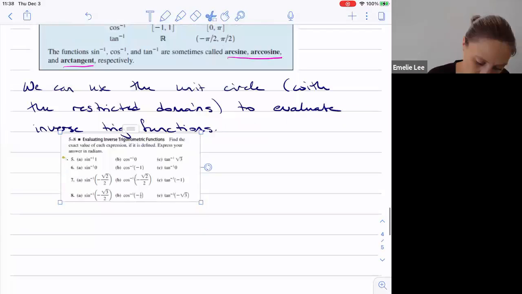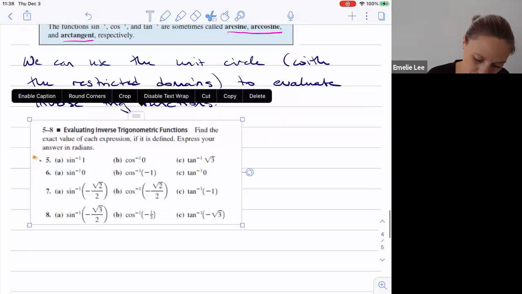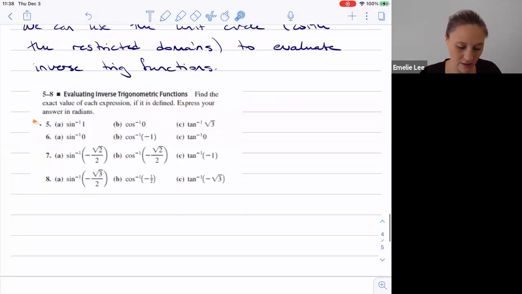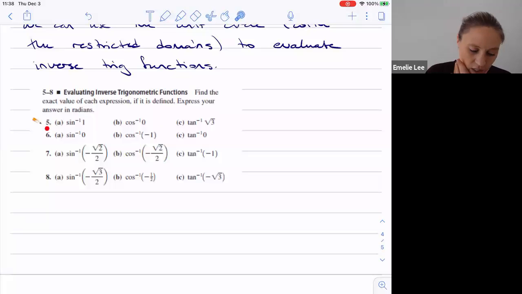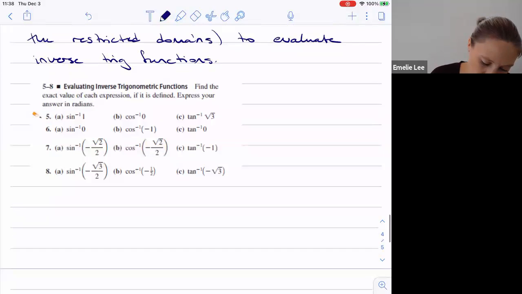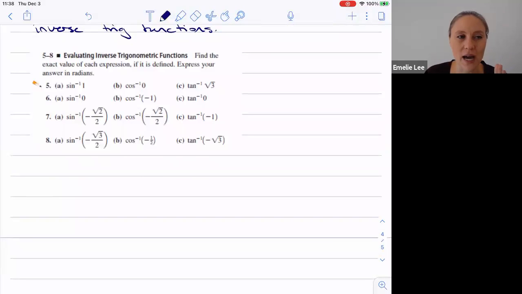Okay. So let's just do a few of these. We'll start with 5 just because we're just starting, and then we'll do 8 just to do a hard one. But as long as you have that unit circle, then it's not bad.